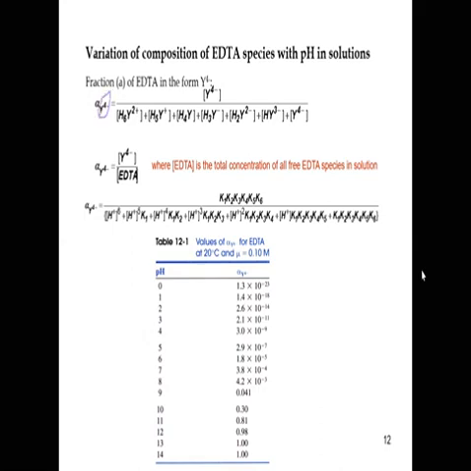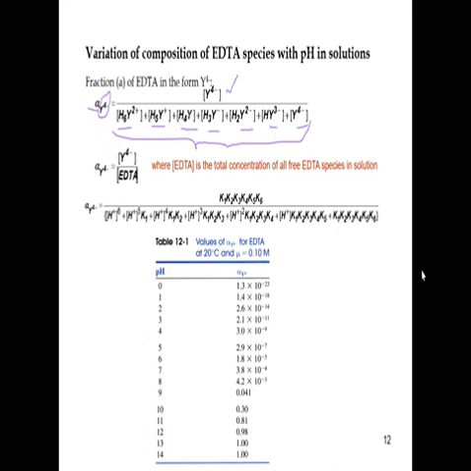The fraction of Y4- species in the solution is equal to the Y4- concentration divided by the total concentration of EDTA. That is the total concentration of EDTA, right?